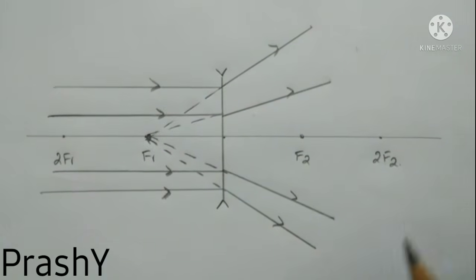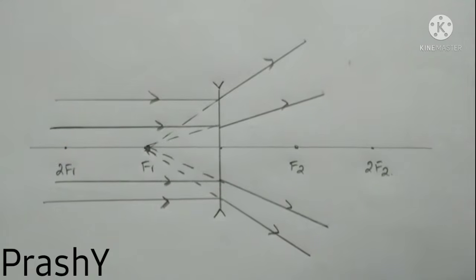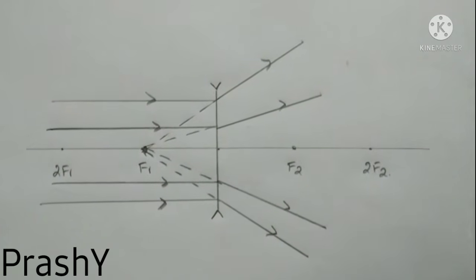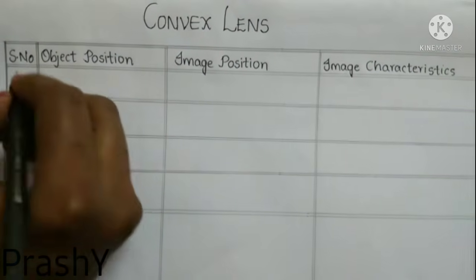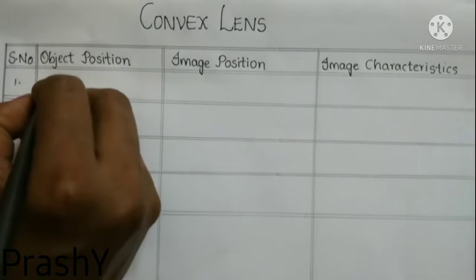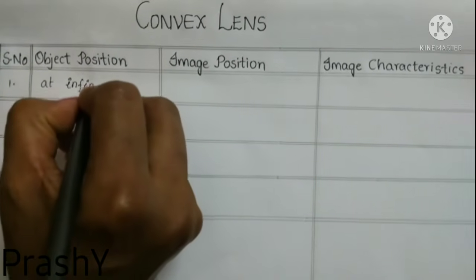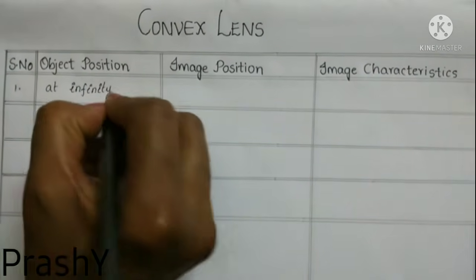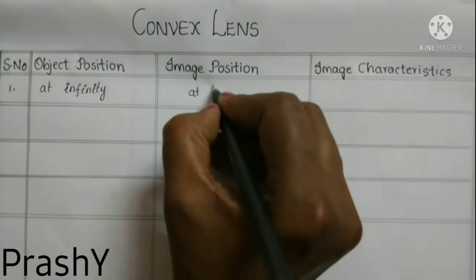So when the object is at infinity, we get the image at focus and the image will be point size. Let's tabulate. First one, the object position: object is at infinity. When the object is at infinity, we got the image at focus.